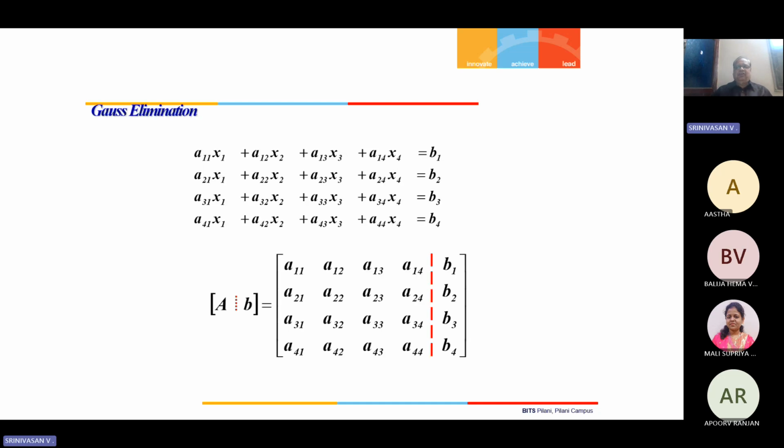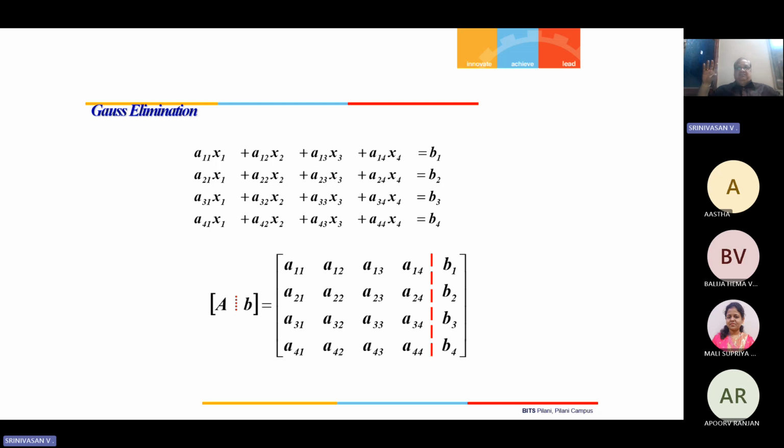Look at it. If you really want to express it, how does this augmented matrix look? Suppose here is a system of 4 linear non-homogeneous equations of the form a11x1 plus a12x2 plus a13x3 plus a14x4 equal to p1. Similarly, a21 etc., a41x1 plus a42x2 plus a43x3 plus a44x4 equal to p4.